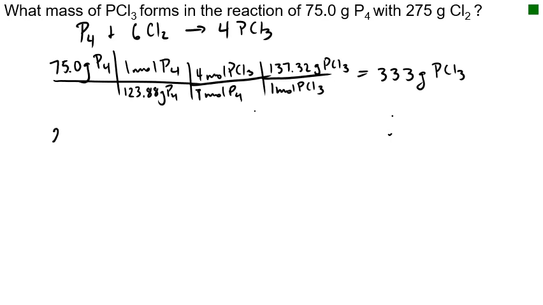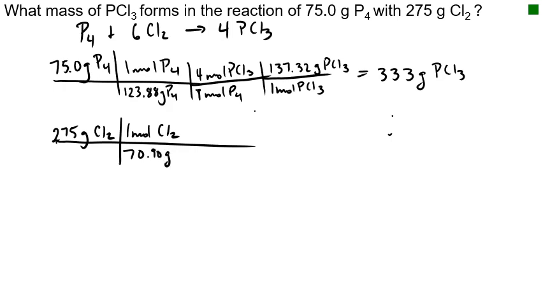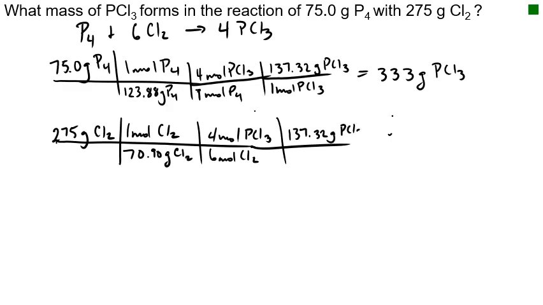When we take the 275 grams of the Cl2 and convert that into the PCl3, we would start by dividing by the molar mass of chlorine gas, 70.90, and then we have our mole ratio, 6 moles of chlorine for every 4 moles of the PCl3, and then the last step again will be the 137.32 grams of PCl3 for every 1 mole of the PCl3.